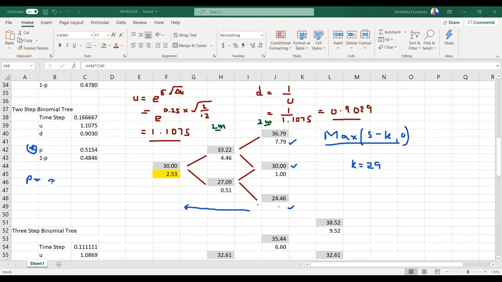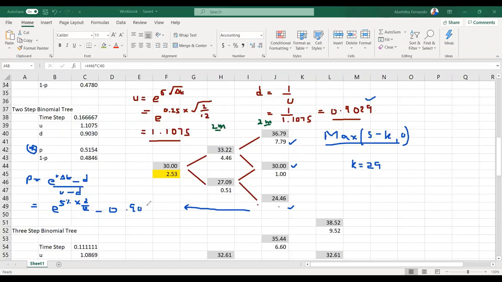So p is e to the power r into delta t minus d divided by u minus d. So r was given to us as 5% into delta t. Delta t is 2 over 12 because it is 2 months. Now the time step is 2 months, minus d.